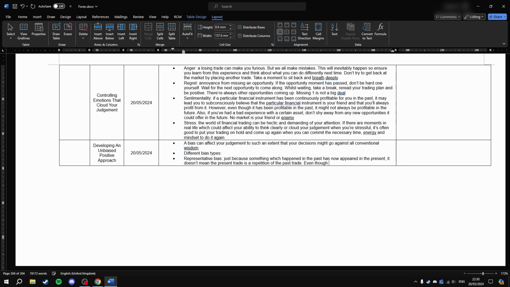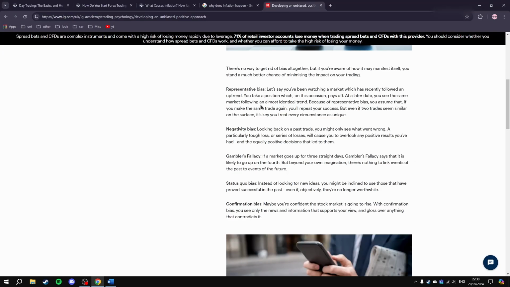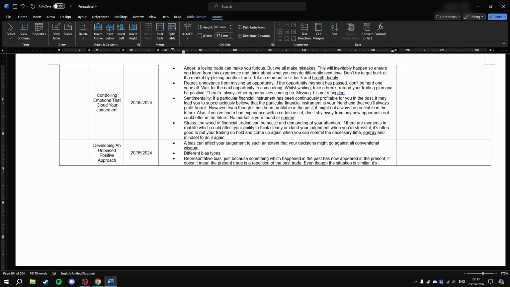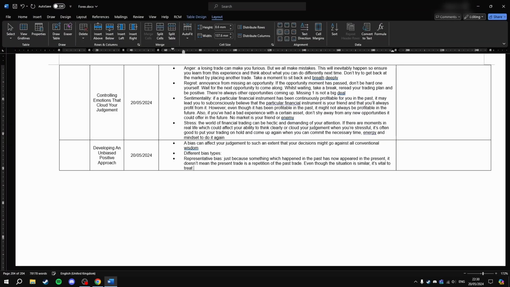Even though the situation is similar, it's vital to treat every circumstance as unique.